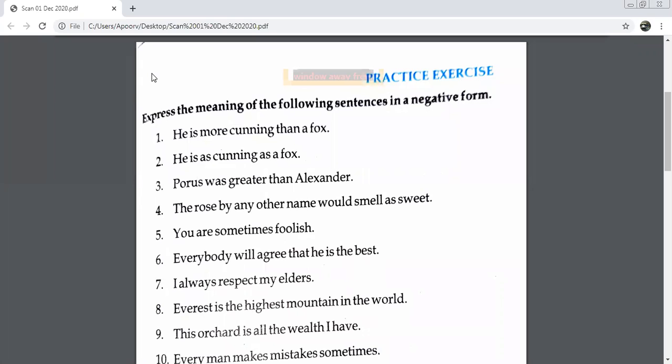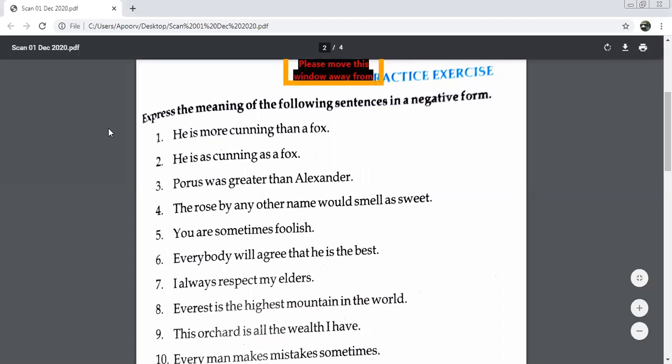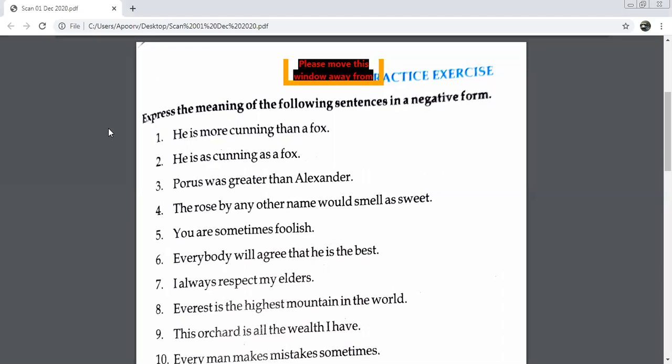Any idea? Okay, 3 chapters. 3 chapters are left in chemistry and 2 chapters are left in physics. Perfect then.